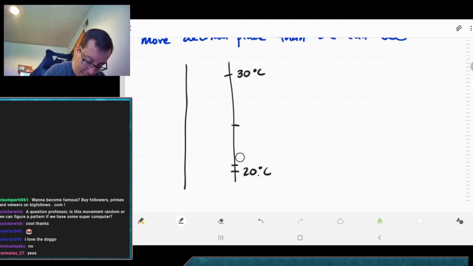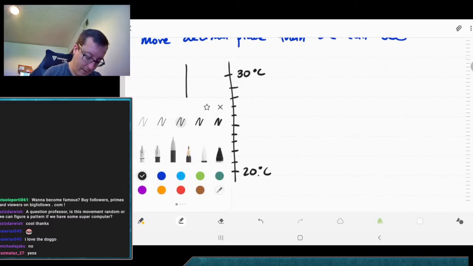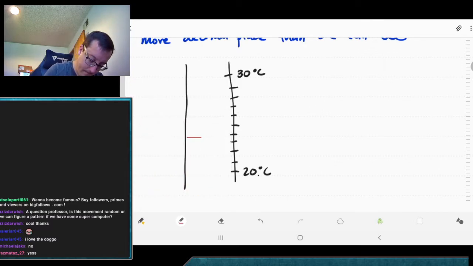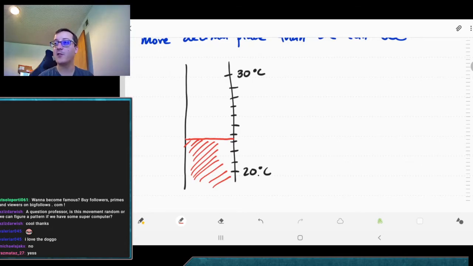That's way too far. Okay, here is our thermometer. Okay, let's read this thermometer.